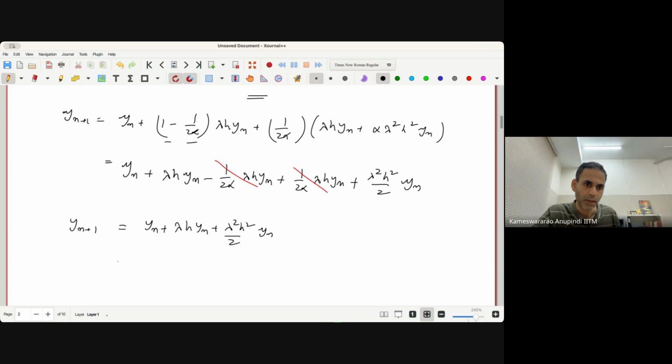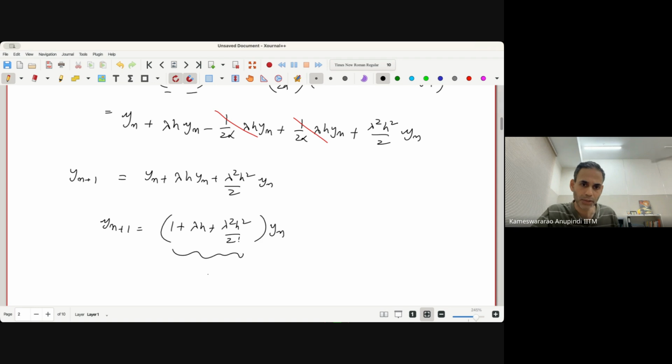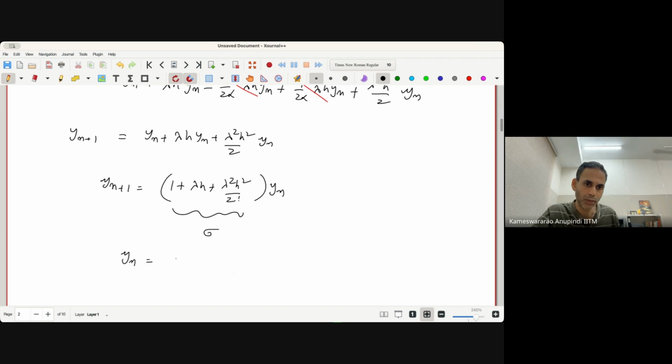That means my yn plus 1 equals 1 plus lambda h plus lambda square h square by 2 factorial times yn. Now we got this value, which is sigma. Okay, so we can write yn equals sigma power n times y0. That is the amplification factor we have.